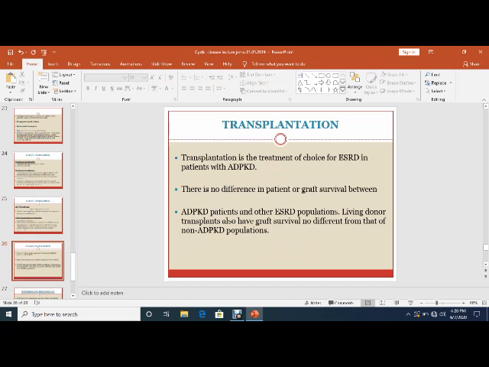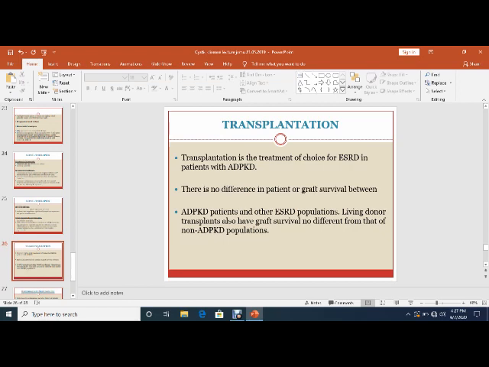When these patients develop end-stage renal disease, then there is no option for conservative therapy. End-stage renal disease patients require either maintenance hemodialysis or kidney transplantation. Transplantation is the best choice for end-stage renal disease in patients with autosomal dominant or adult polycystic kidney disease.